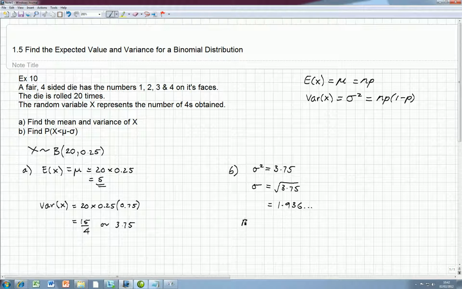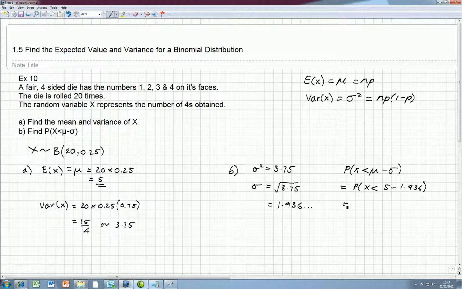So now the probability of x less than mu minus sigma will be the probability that x is less than 5 minus 1.936.